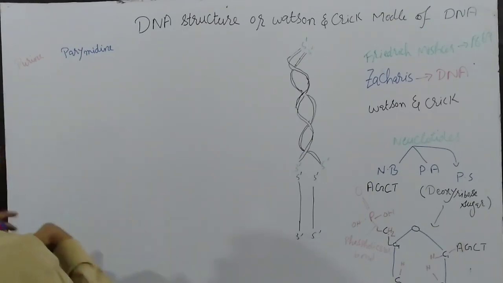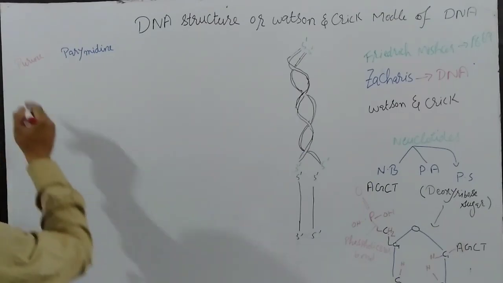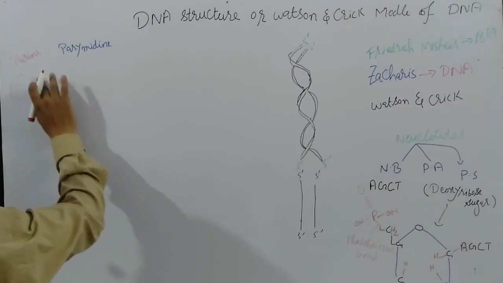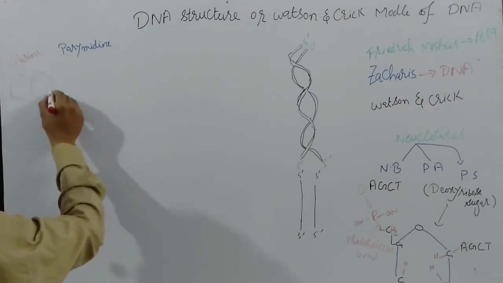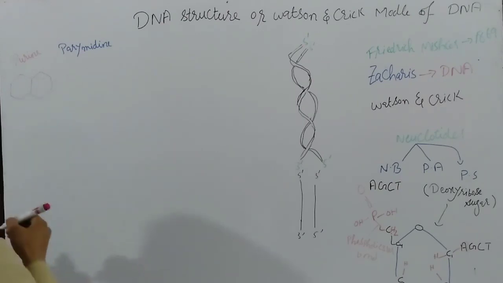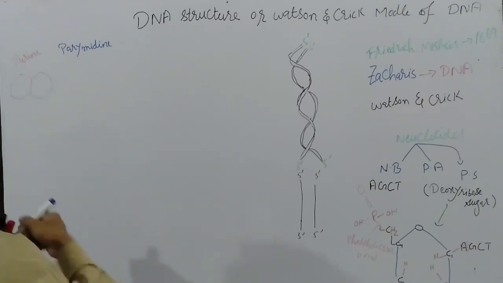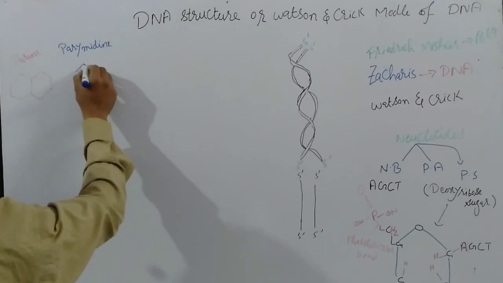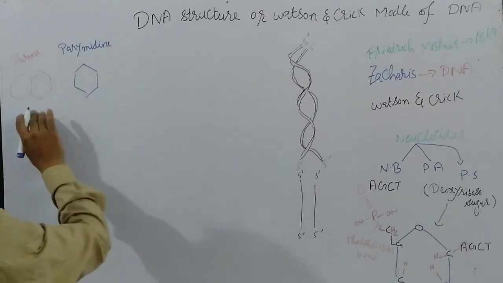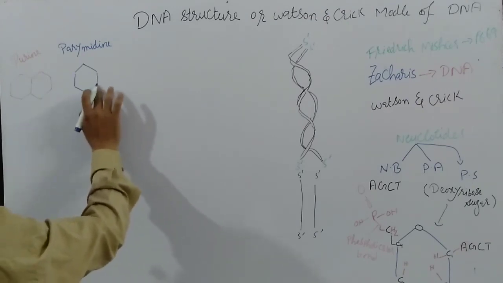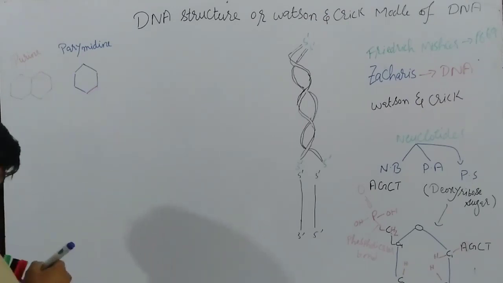Purine is a double ring structure, and pyrimidine is a single ring structure. So we call them dicyclic and monocyclic.